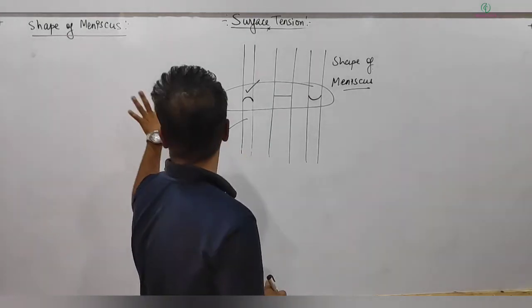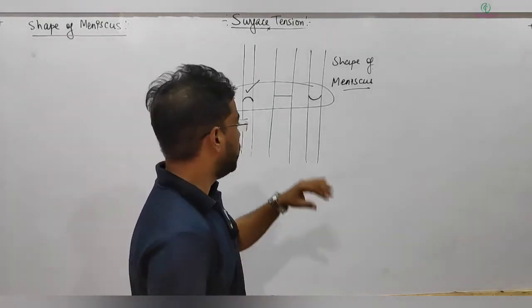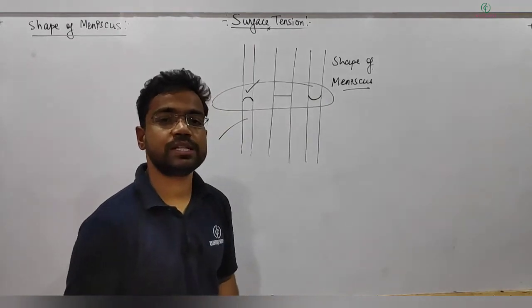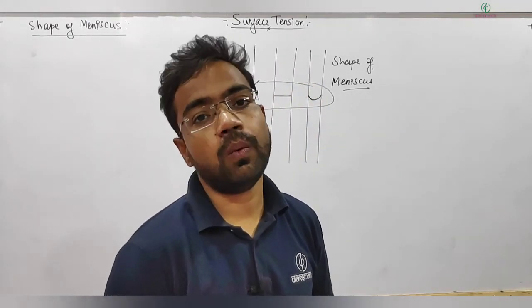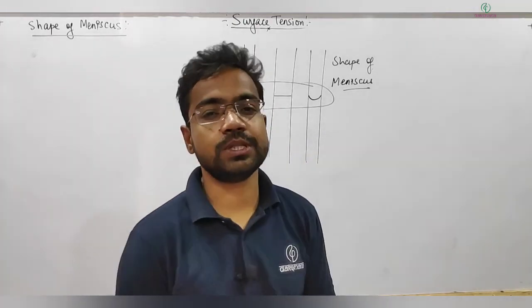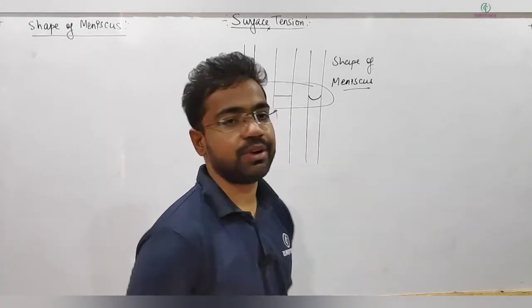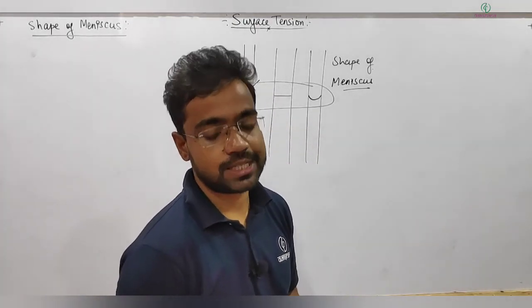What is the science, the physics, behind these different types of meniscus shapes?